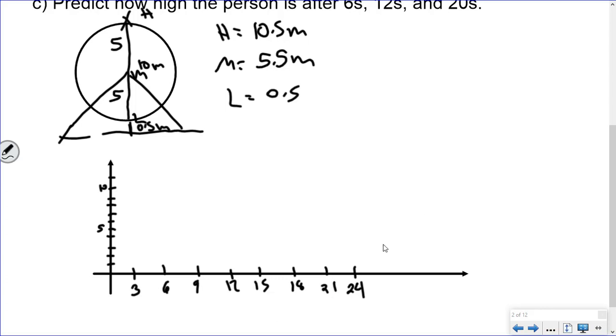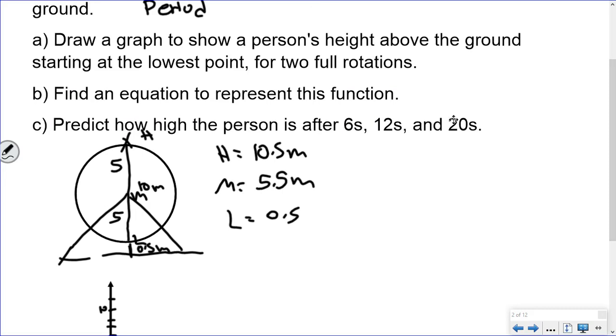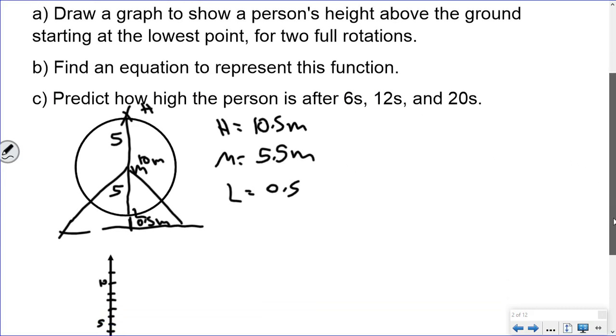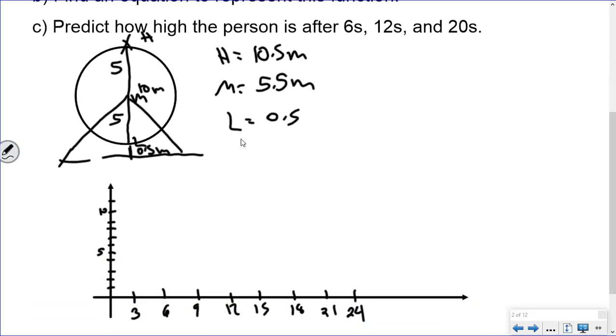So now let's throw these points in. We're trying to draw a graph to show a person's height above the ground starting at the lowest point. So we're going to start at 0.5. And then every 3 seconds, we're going to go from low, middle, high, middle, low, and repeat that pattern until we get to 24 seconds. So here at 0.5 is where our first point is. 3 seconds later, we're up at 5.5.